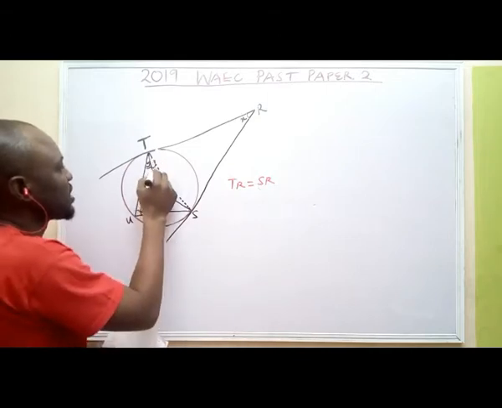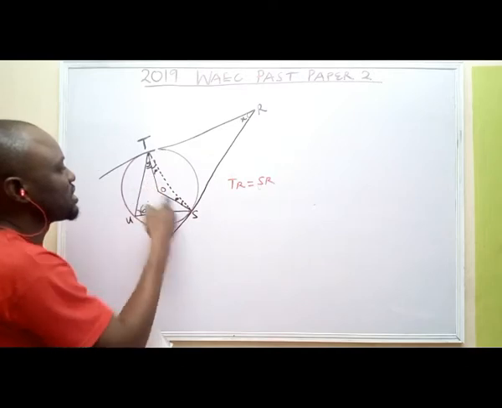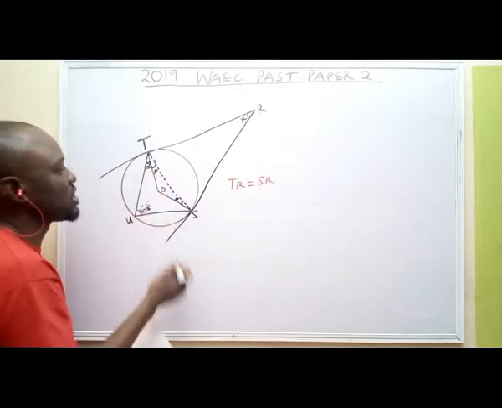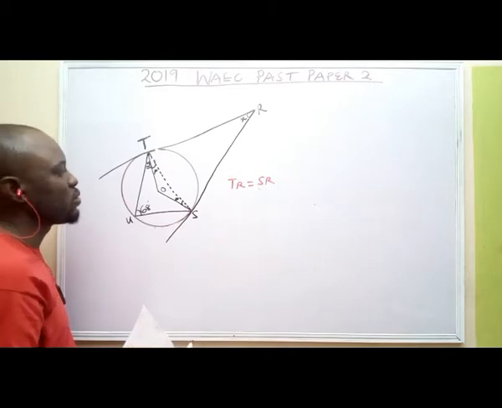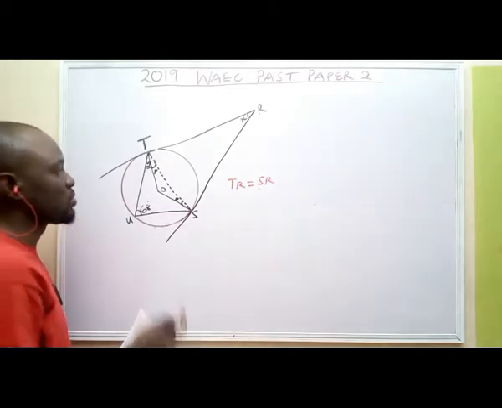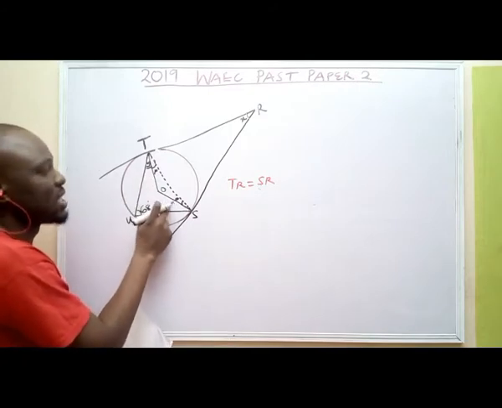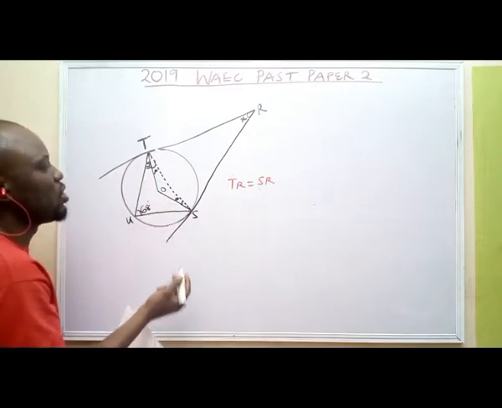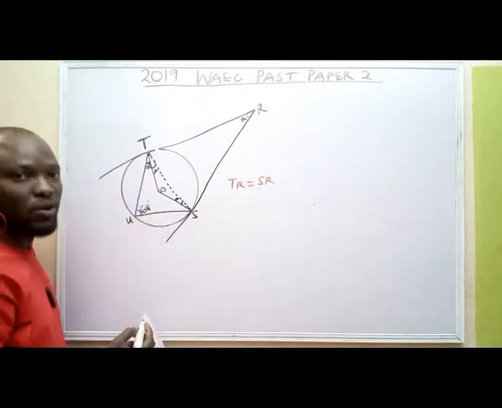Let me take this angle as P, so this will be P as well. Why? Because TOS is an isosceles triangle. How do I know that? Because this is a radius and this is a radius. But I need to know this angle in order to get the value of angle Y.